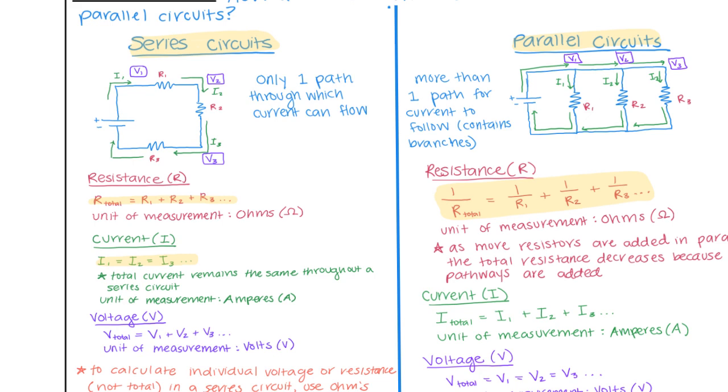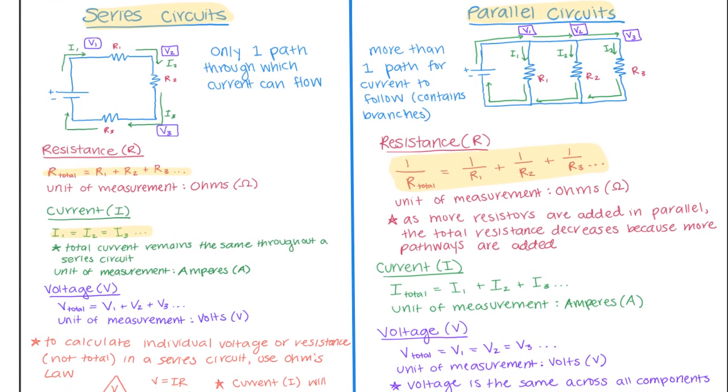Now, in contrast, you will notice that the total current in a parallel circuit is going to be calculated by adding the different currents through those different resistors together. Because we have these separate branches in a parallel circuit, we have different currents going through these different branches.